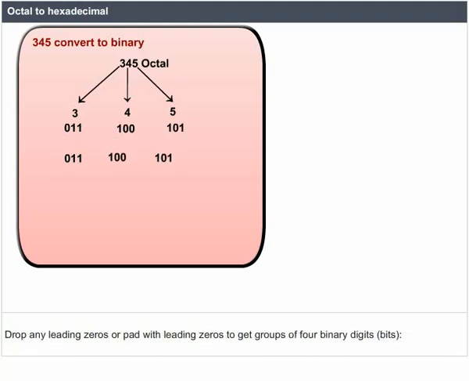Drop any leading zeros or pad with leading zeros to get groups of 4 binary digits, bits. Binary 011100101 equals 1110 0101.